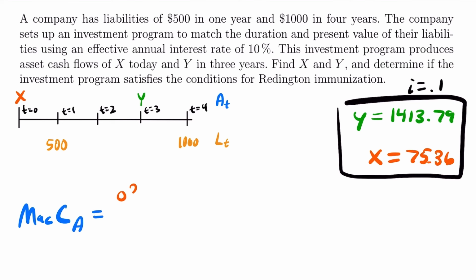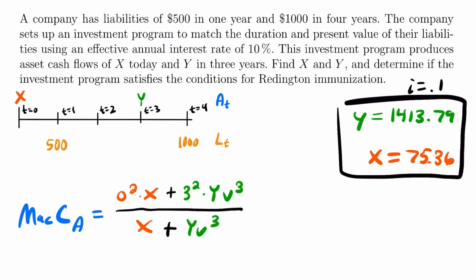So we will have 0 squared times x plus 3 squared times y times v cubed. All right, and then that is divided by the present value of those two assets, which will be x plus y times v cubed. All right, so that's the Macaulay convexity for the assets, and we'll calculate that in just a second. Now let's look at the Macaulay convexity for the liabilities.